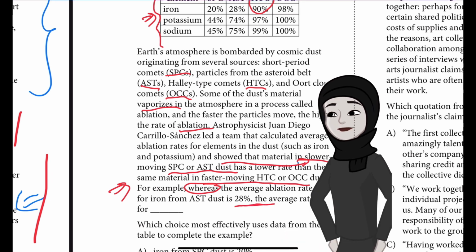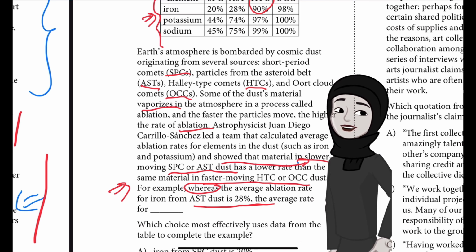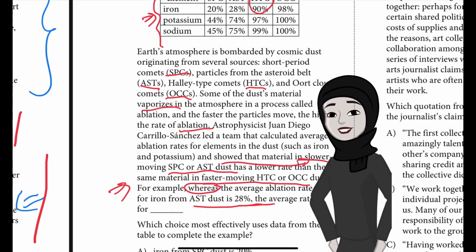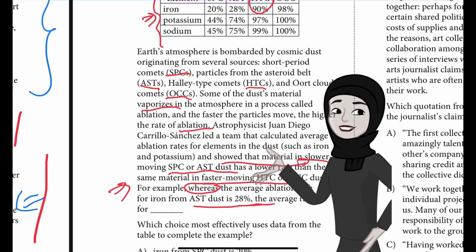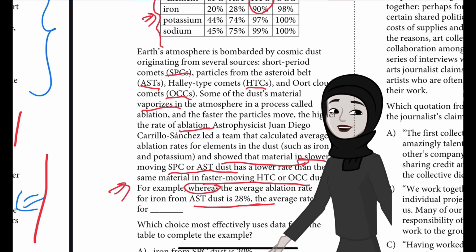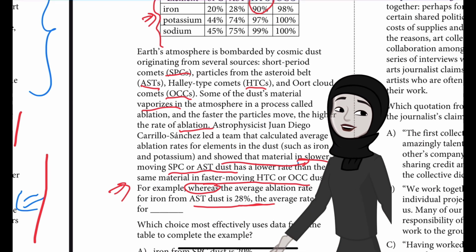28%. What is it talking about? 28% of AST dust. The information that iron from HTC dust had an ablation rate of 90% is therefore the most effective way to complete this example, because the comparison of a relatively low ablation rate for iron in slower moving AST dust with a relatively high ablation rate for iron in faster moving HTC dust illustrates the tendency of ablation rates for a given element to be lower in slower moving dust than in faster moving dust.